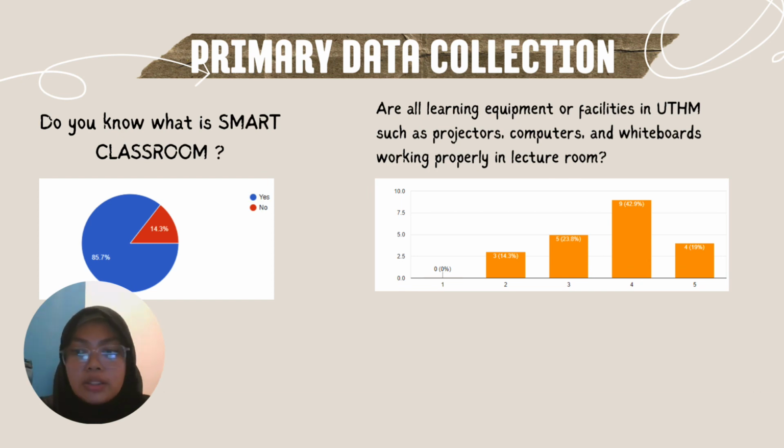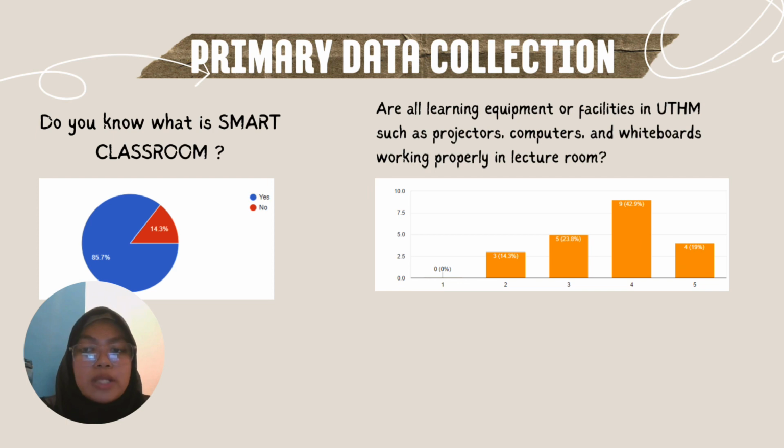Based on the respondents' answers, 42.9% are satisfied with the current learning equipment and facilities provided by UTHM, such as the projector, computer, whiteboard, and so on. 19% of the respondents are very satisfied with the service provided by UTHM.